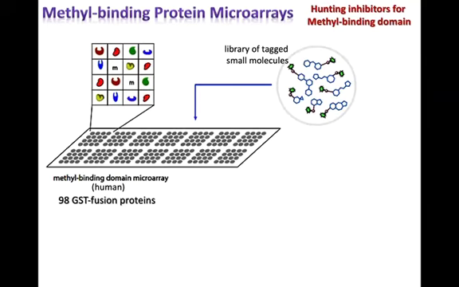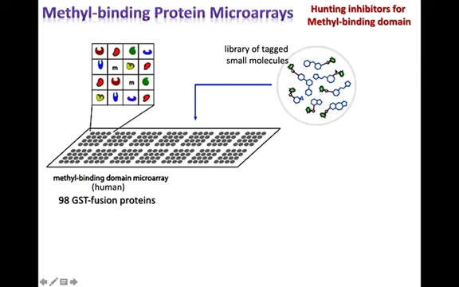So initially the slide is spotted by these 98 different methyl binding proteins. Of course, one of them is a Tudor domain protein. And you lay over them a collection of small molecule inhibitors that are fluorescently tagged.